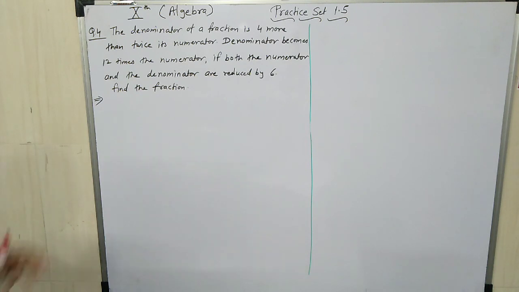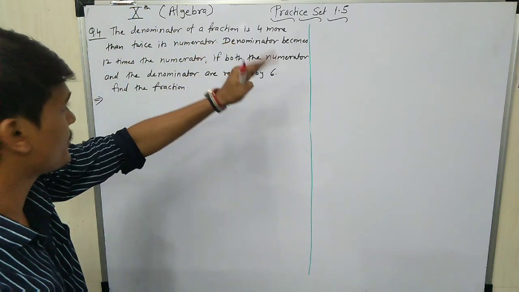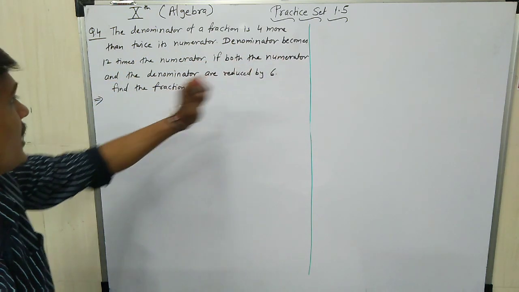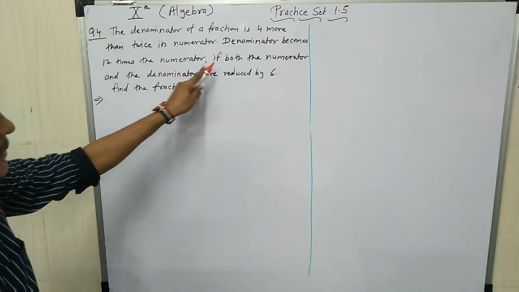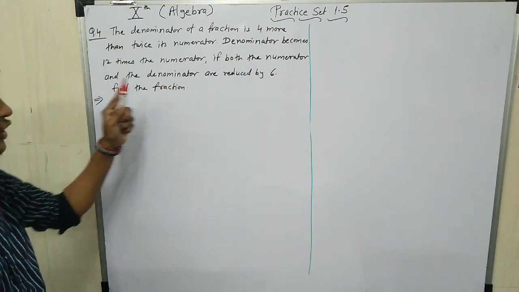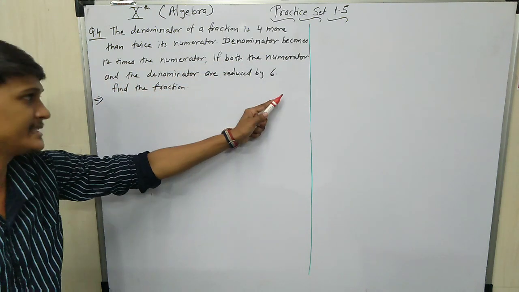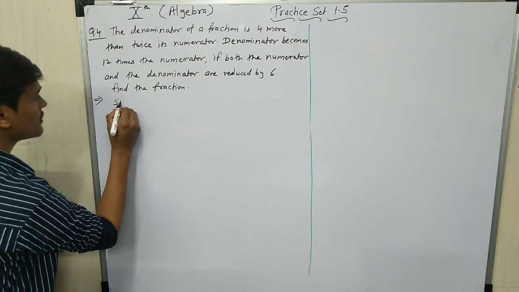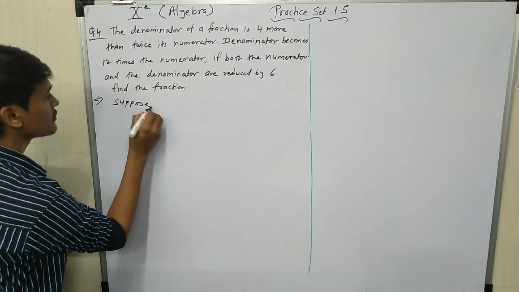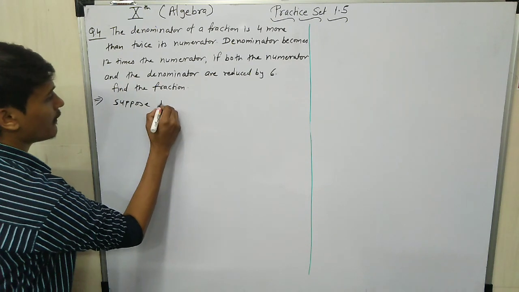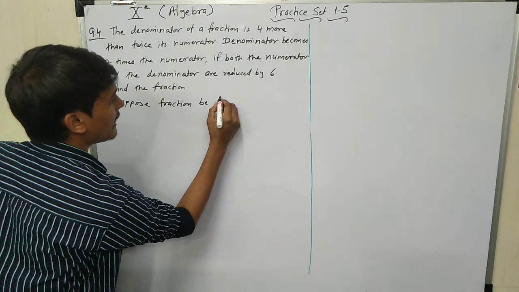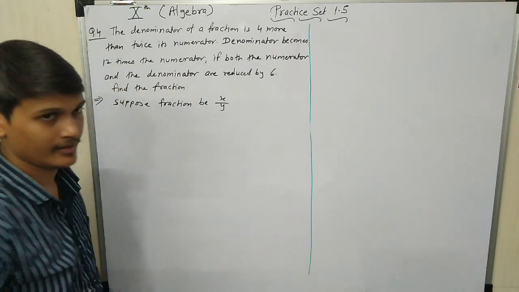Question 4. The denominator of a fraction is 4 more than twice its numerator. Denominator becomes 12 times the numerator if both the numerator and the denominator are reduced by 6. Find the fraction. Suppose fraction be x upon y.